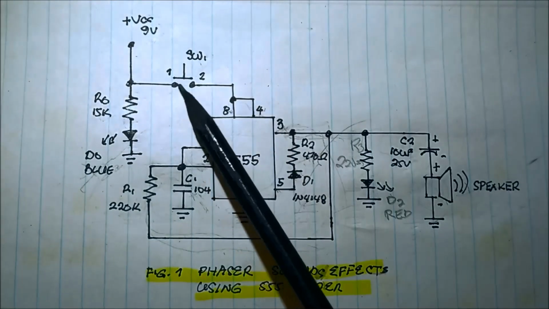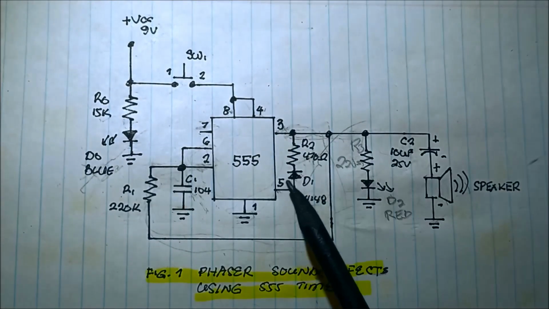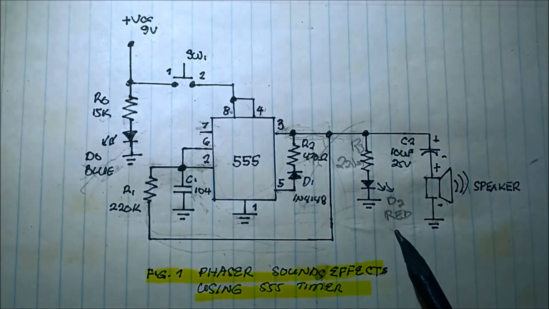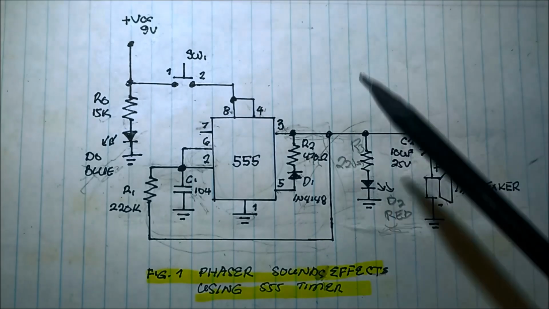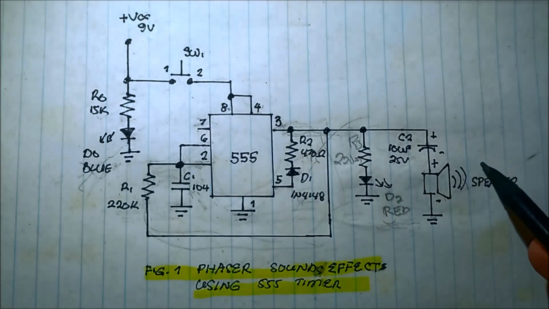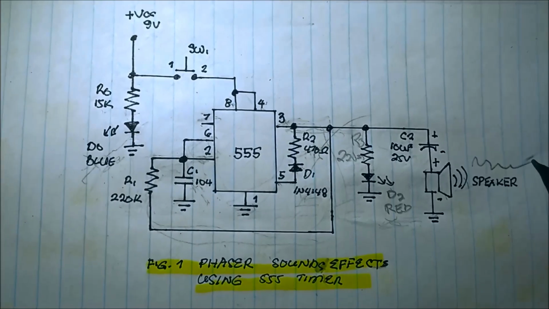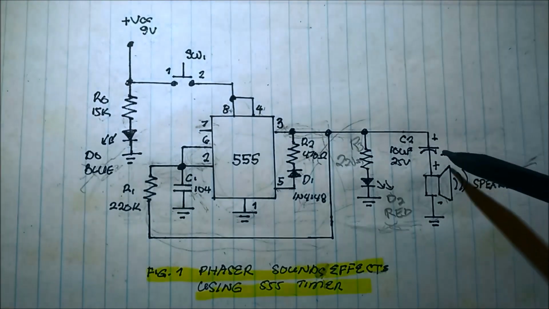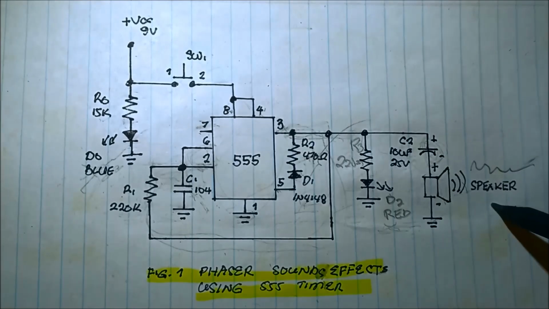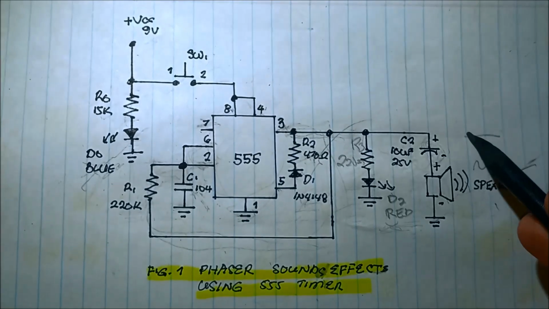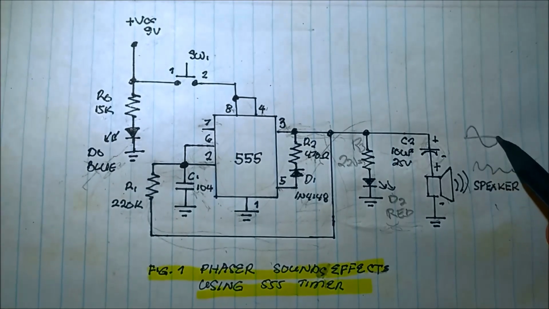So every time we press the switch, this red LED is blinking, and we can hear a sound from the speaker. What is the use of capacitor into the speaker? Since we are dealing with sound, there is a positive and negative voltage.